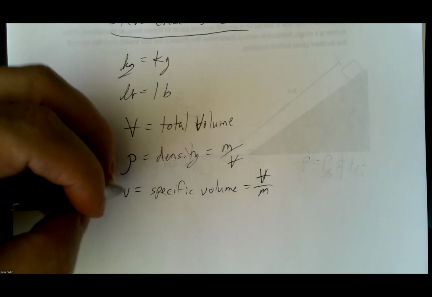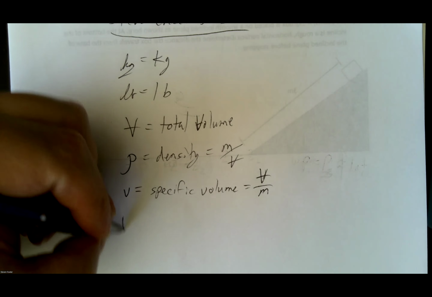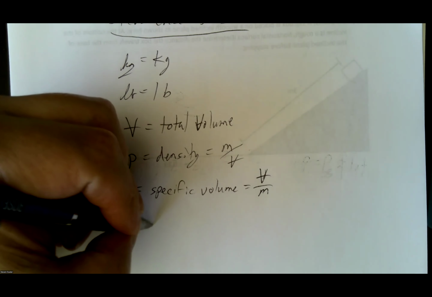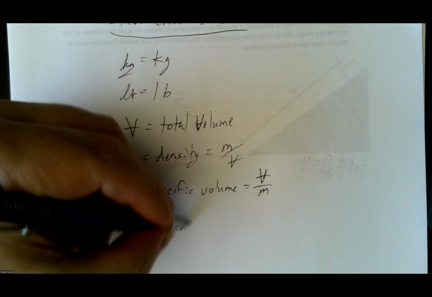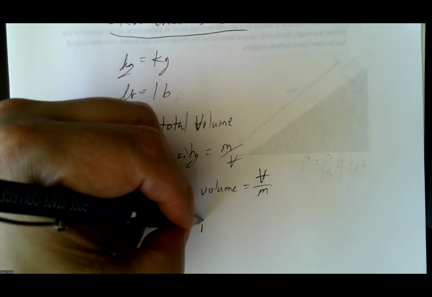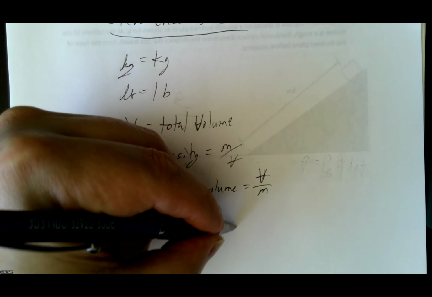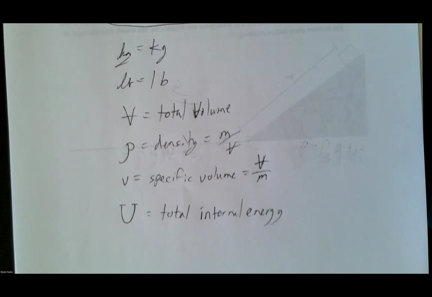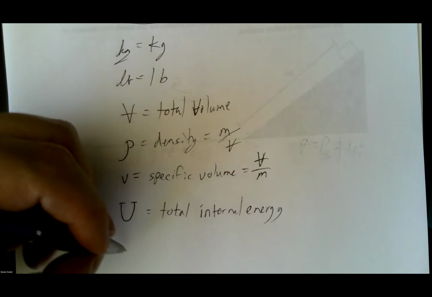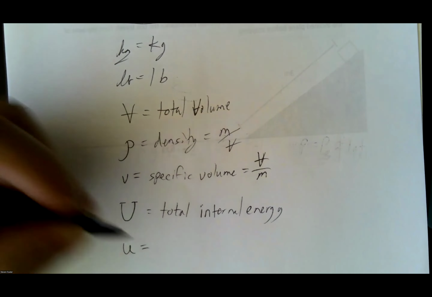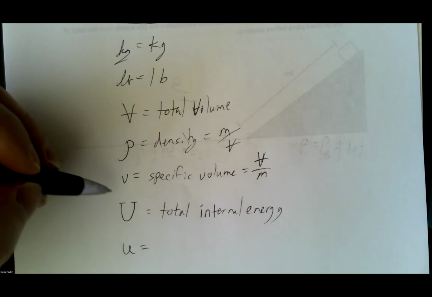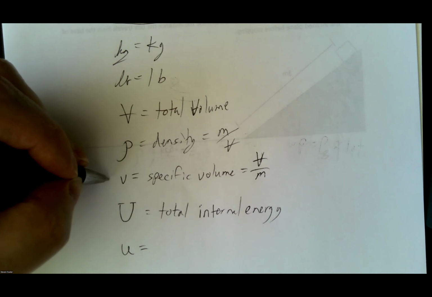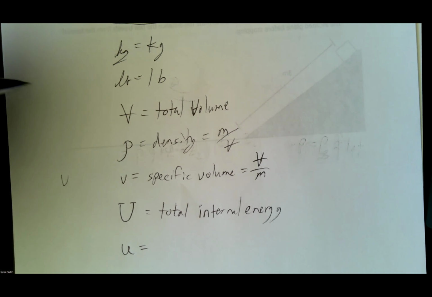That is specific volume. Now we've introduced total internal energy, capital U. When I draw a lowercase u, I put a tail on it because otherwise it can look an awful lot like my lowercase v.